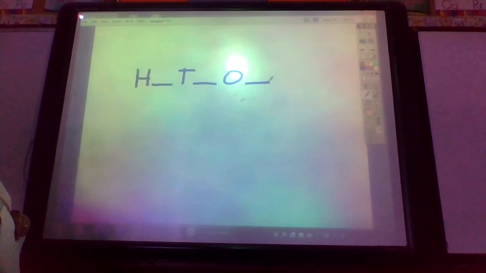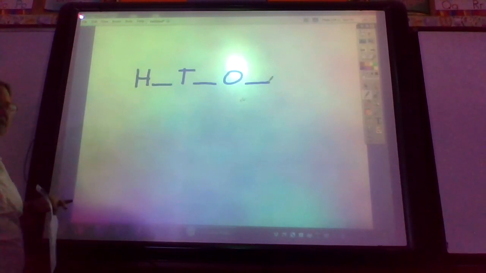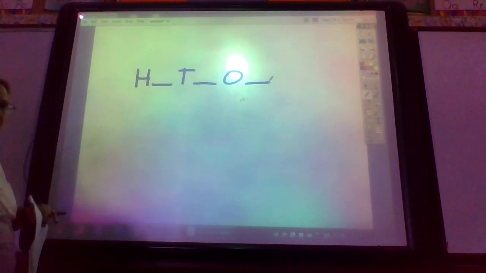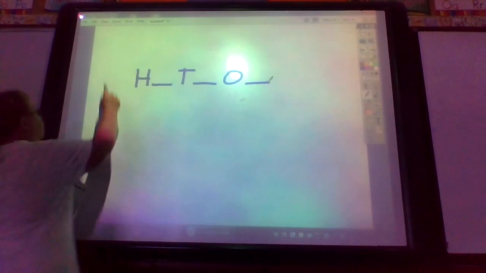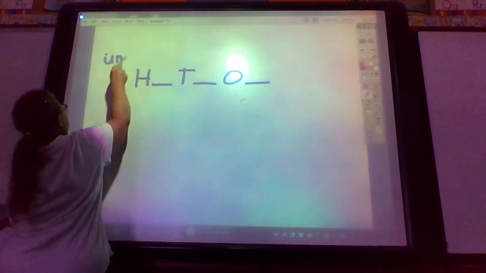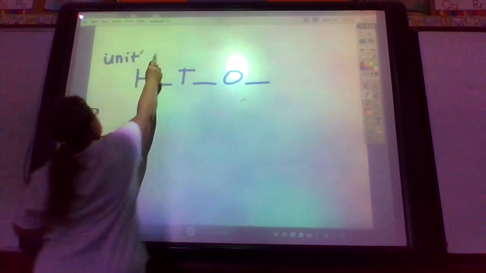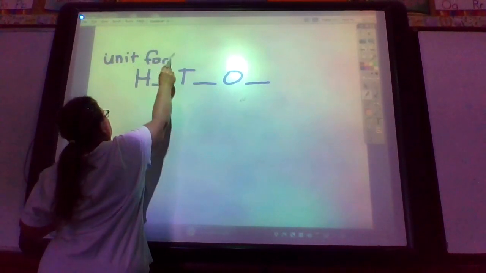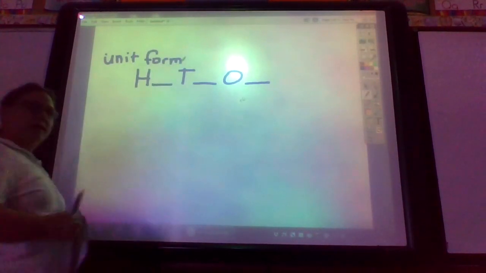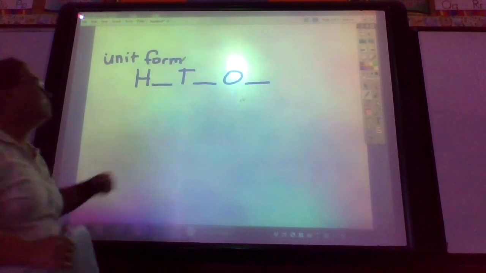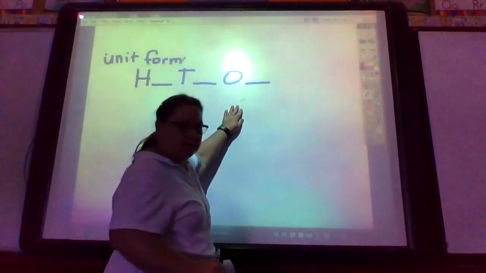Hundreds, tens, and ones. Place value. Unit form. Not uniform. Unit form. We find unit form when we pull out the hundreds, the tens, and the ones.